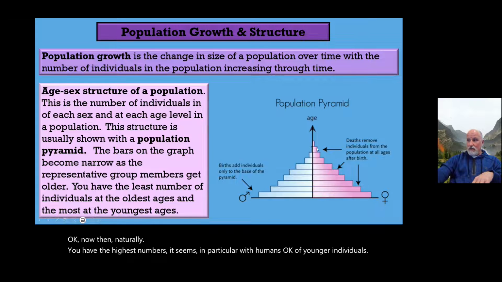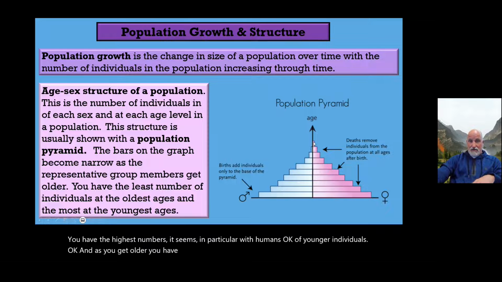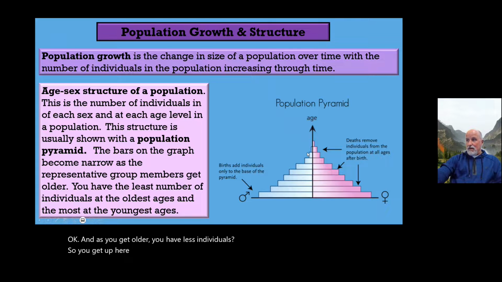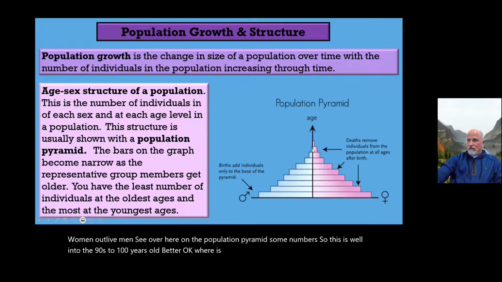And as you get older, you have fewer individuals, so you get up here towards 80, 90 years old. Now you see women tend to outlive men. This is for humans here. You see over here on the population pyramid some numbers that go well into the 90s to 100 years old or better, whereas here the men fall out about right here.